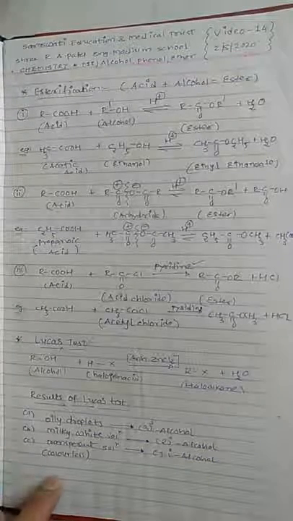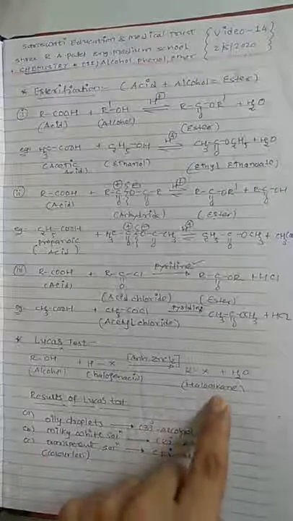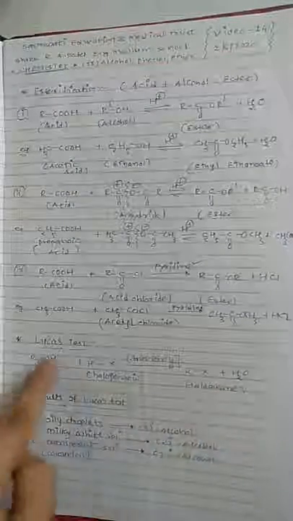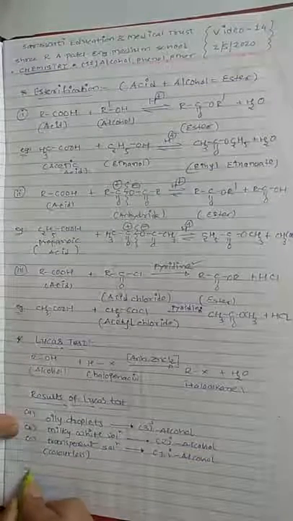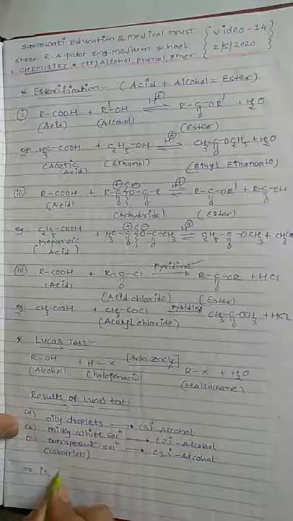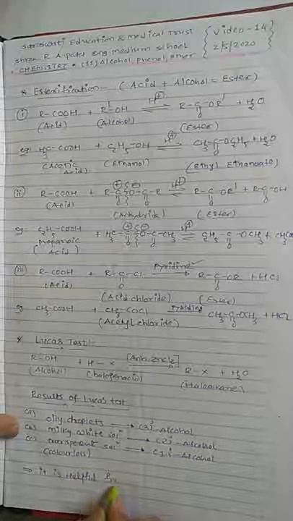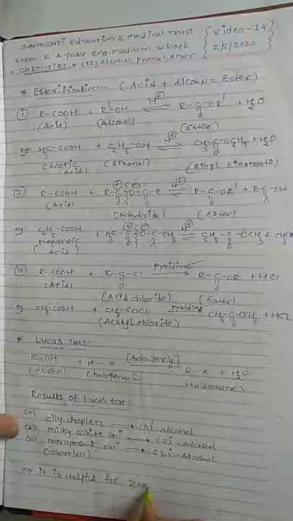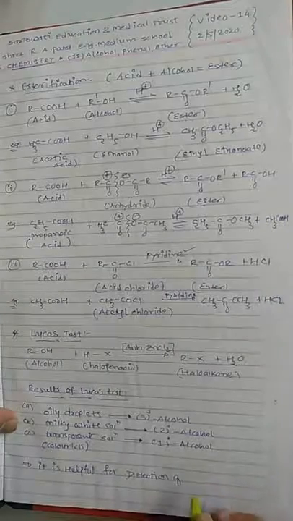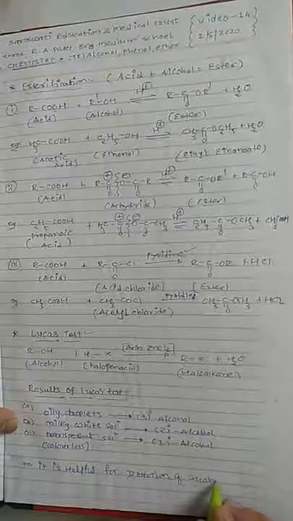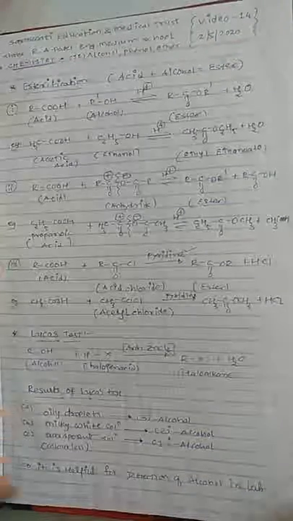This test is helpful for the manufacturing of haloalkane, but moreover it has more importance for detection of alcohol. So I will write here, it is helpful for detection of alcohol in the laboratory.